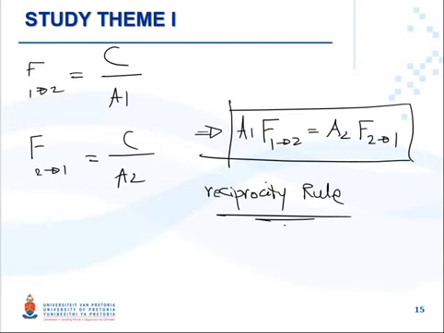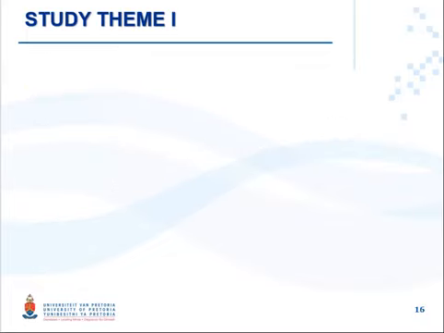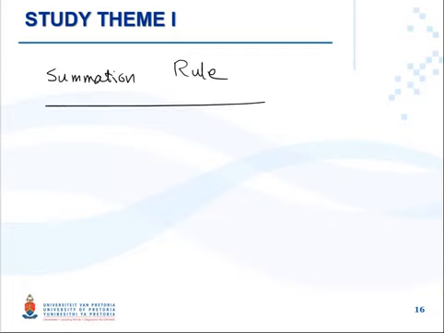Okay, so we are done with one of the rules. The second one is a very simple one, the summation rule. Basically, it can be written as a mathematical expression like this.